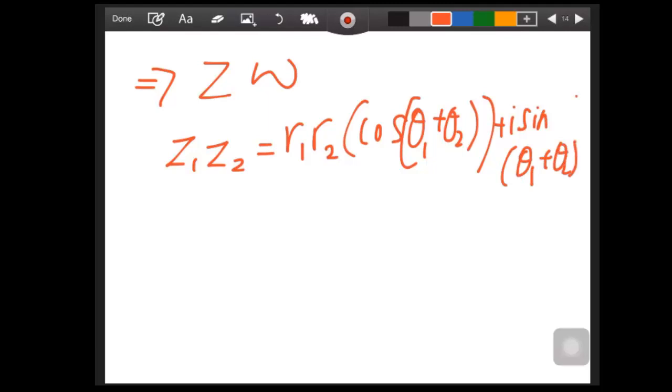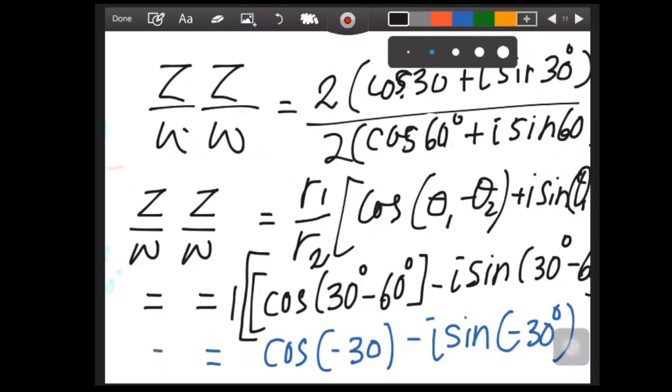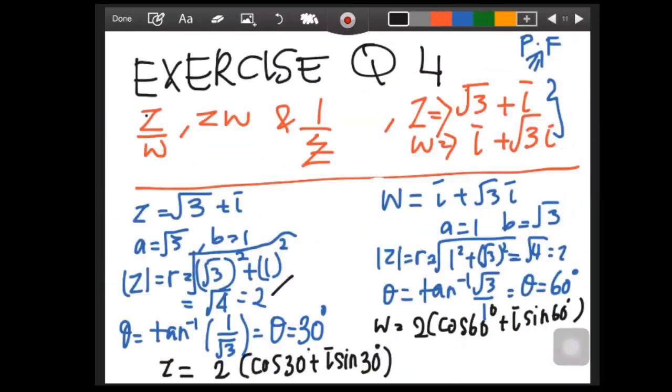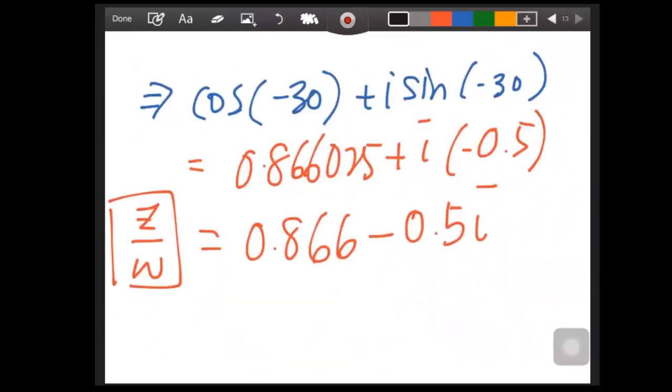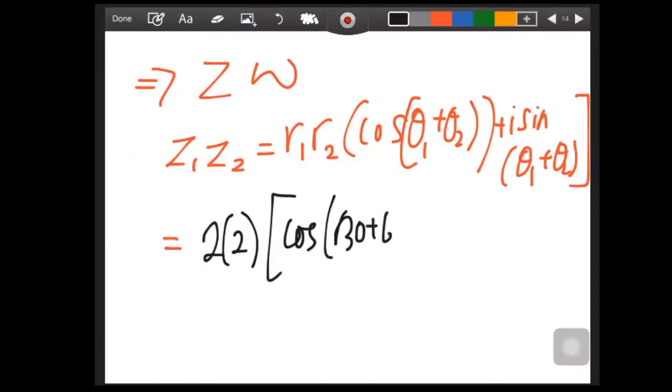Okay, so kat sini maksudnya dia adalah tadi R1 di R2. So R1 tadi adalah 2, R2 pun adalah 2. So kita masukkan balik dalam tu. So kita ada 2 times 2, and then kita ada cos 30 plus 60. Ini plus i sin 30 plus 60.